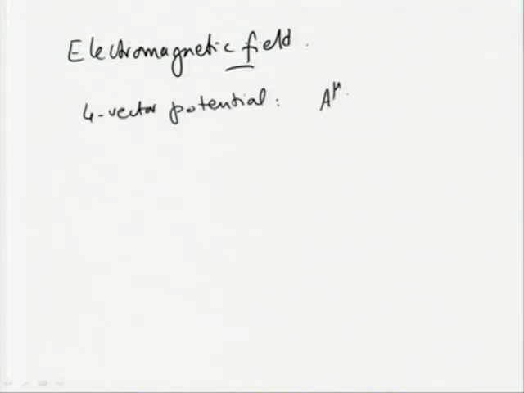So, the electromagnetic field can be described by potentials. We will denote this by A mu, where the zeroth component is the electrostatic potential phi, and the 1, 2, 3 components are the magnetic vector potential.